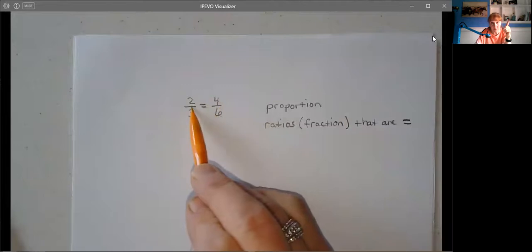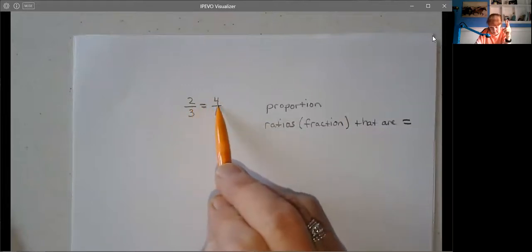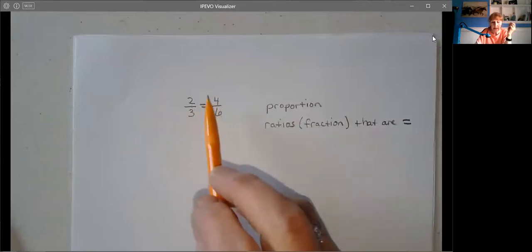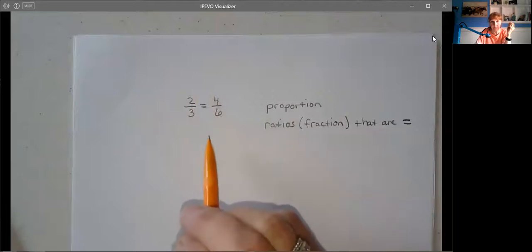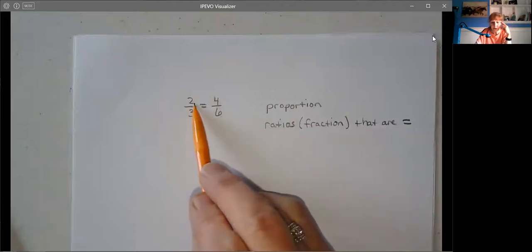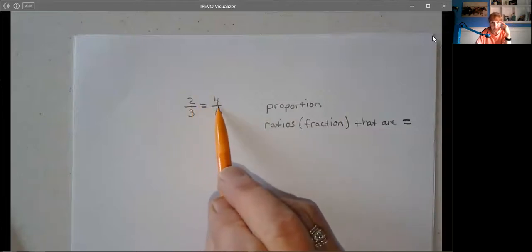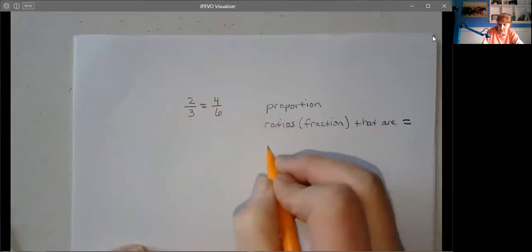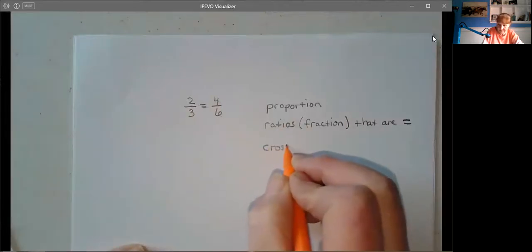And if this ratio is equal to this ratio, we say they're proportional. How do you know if that's true or not? Is this a true statement? Is this ratio proportional to this ratio? And to find that, we use a process called cross products.